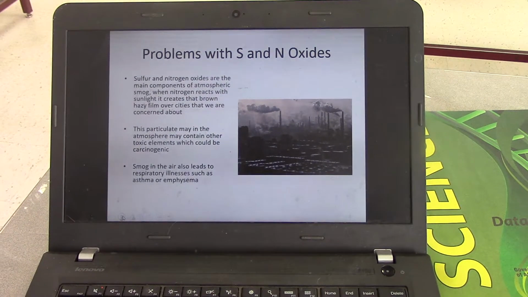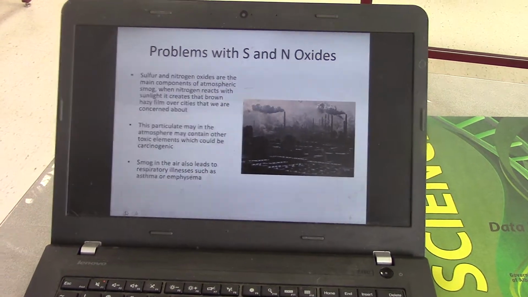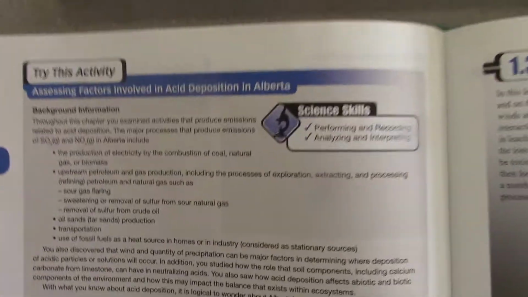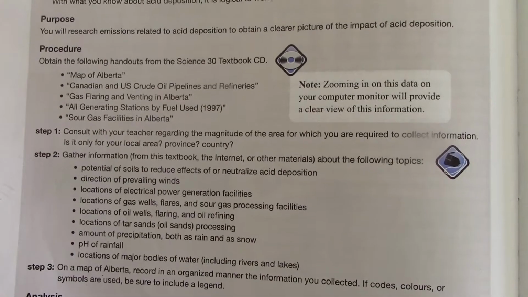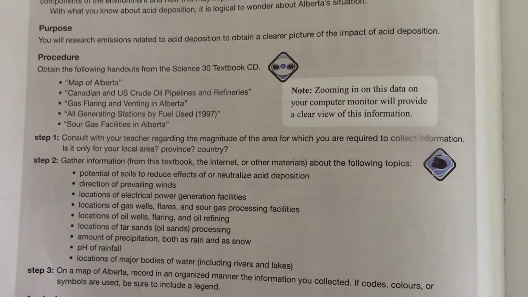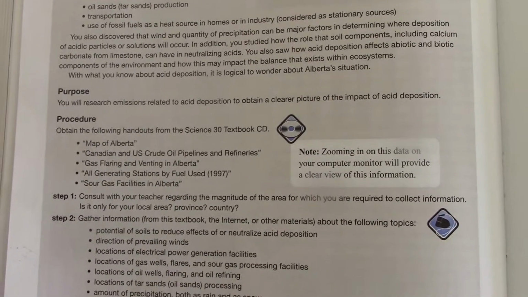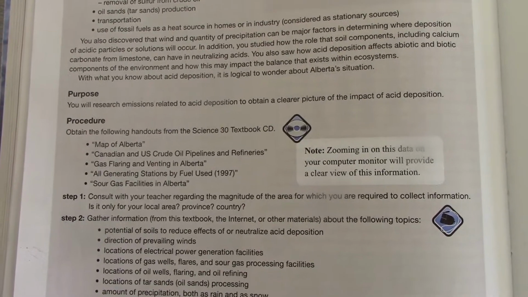So the smog problem and fossil fuel issues are not only an issue for respiratory ailments, but also contribute to acid precipitation. Your assignment that I just posted on D2L is this: you're assessing factors involved in acid deposition in Alberta. You have all sorts of resources in the content section of D2L, so make sure you look at them. There are detailed instructions.